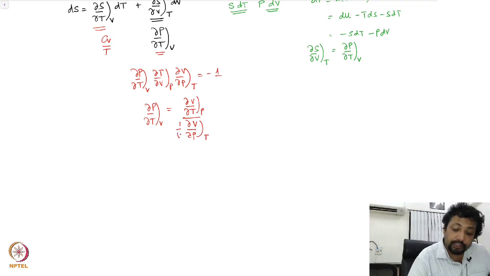In both cases I divide by V. There is a minus sign in front. We will not put the minus sign there, but rather we will put the minus sign here, because that's how we define the compressibility.